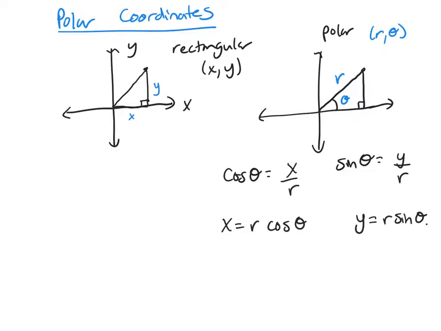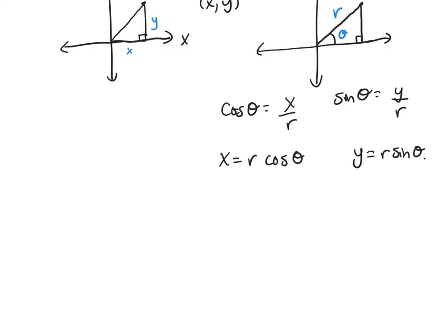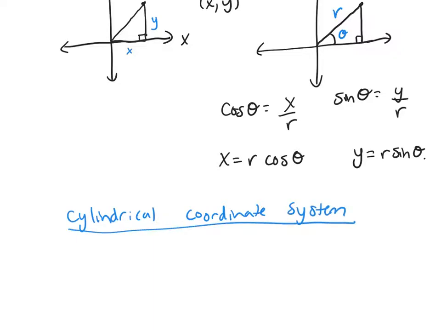So basically what we're going to do now is talk about cylindrical coordinates. And you can think of it as being an extension of this idea of polar coordinates, but for 3 dimensions.